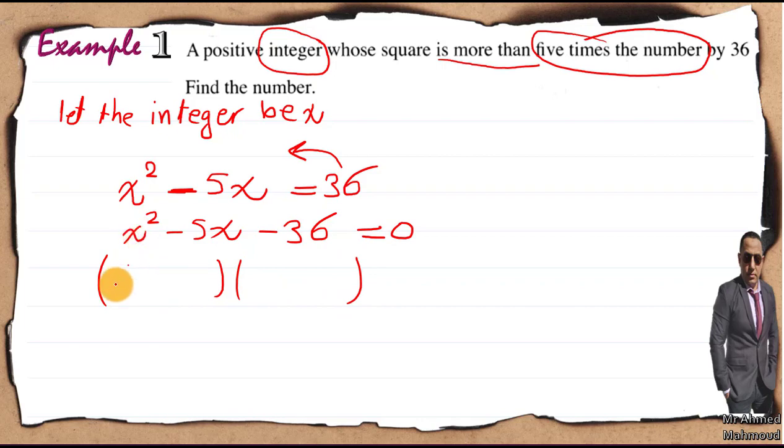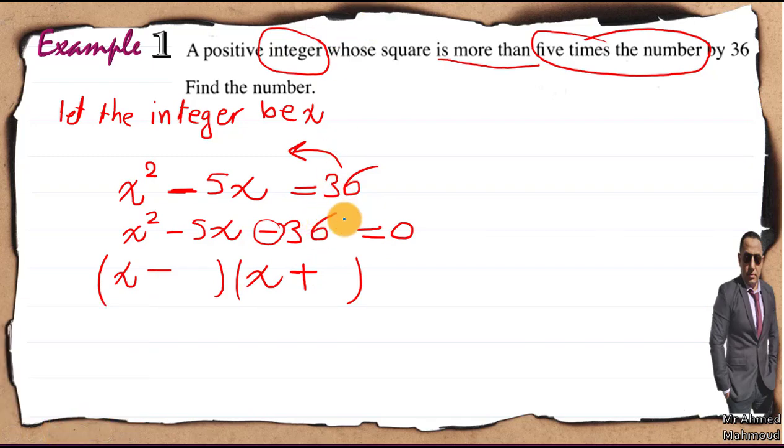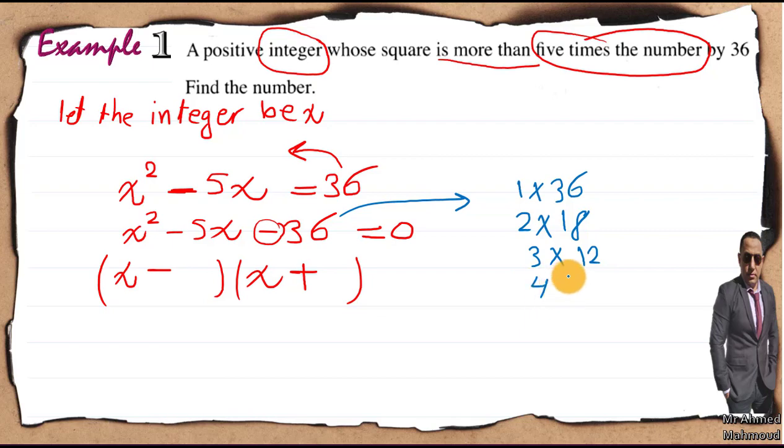Here x to the power of 2 will be x and x. Because I have minus here, I'm going to write two different signs, negative and positive, or you can write positive and negative. Now factorize 36: 36 divided by 1 equals 36, divided by 2 equals 18, divided by 3 equals 12, divided by 4 equals 9, divided by 6 equals 6.